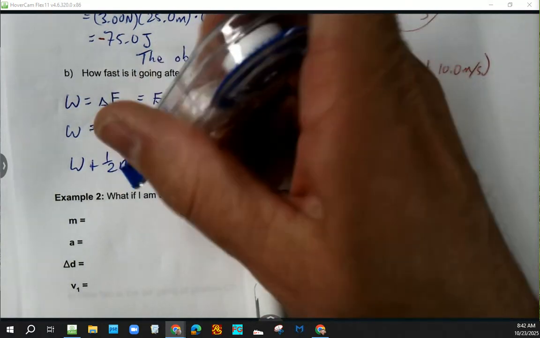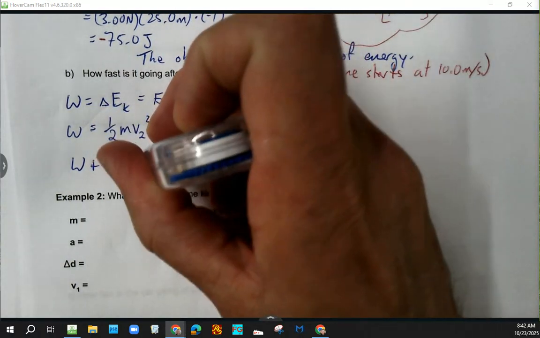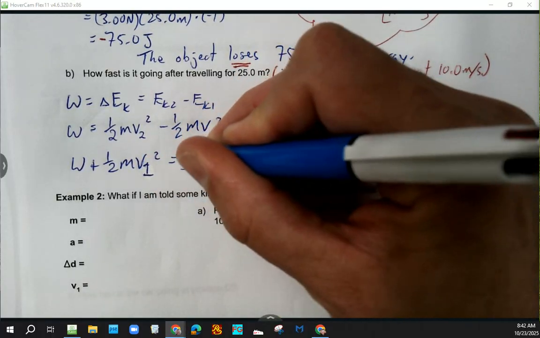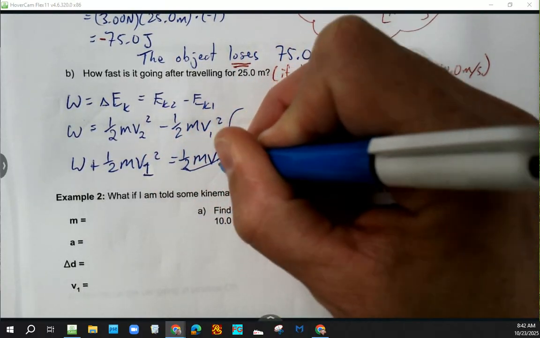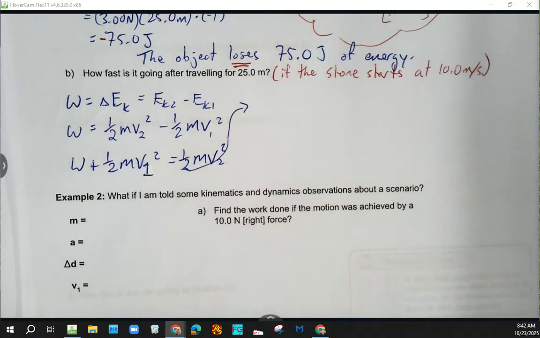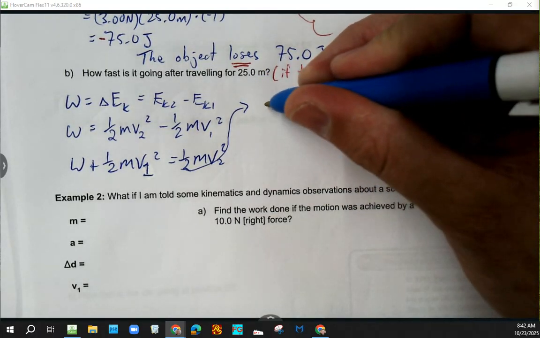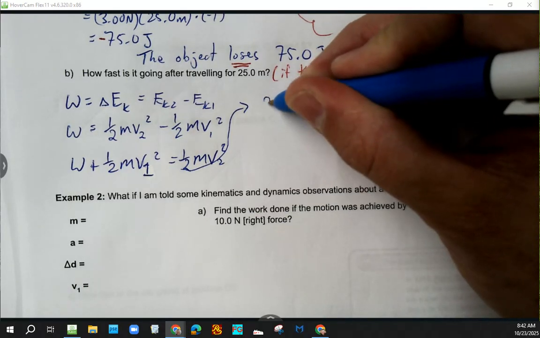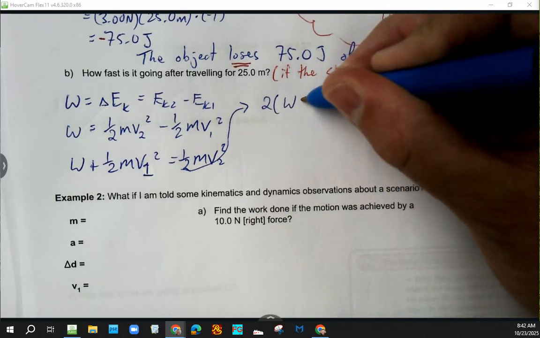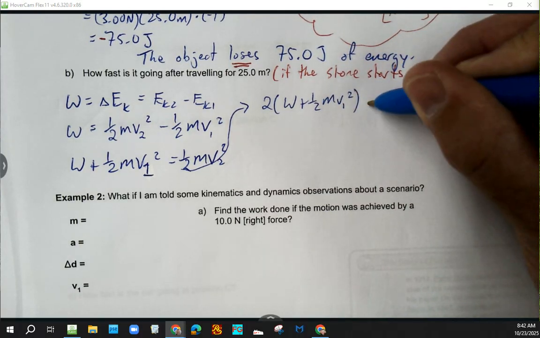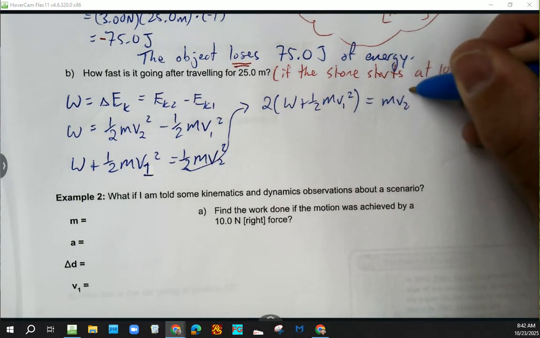I just said what I was doing and I didn't do it right. W plus 1/2 mv1 squared equals 1/2 mv2 squared. We go back up to the other side here, and I have to multiply both sides by 2. So 2 times work plus 1/2 mv1 squared equals mv2 squared.